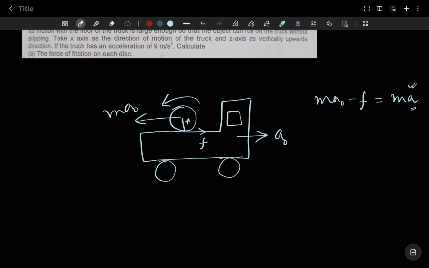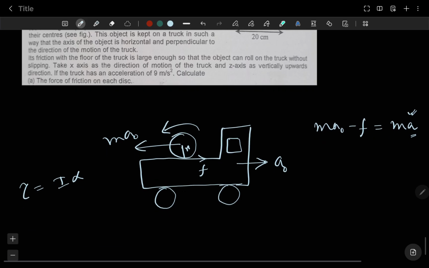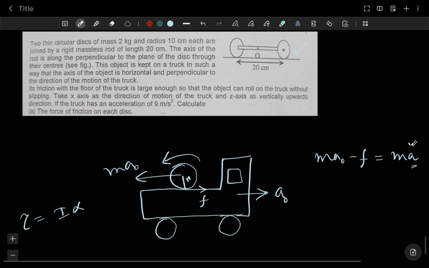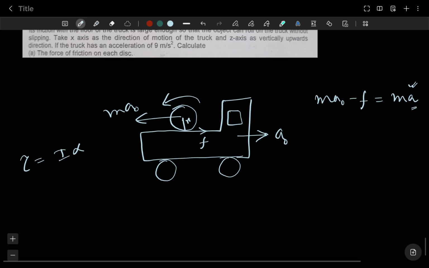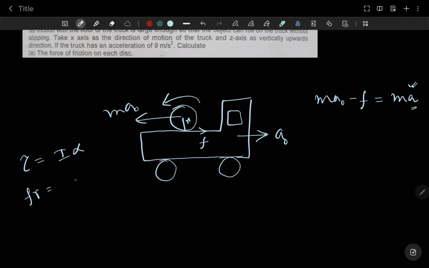Okay, so here we will write now that torque tau equals I alpha. Okay, fine. So we will have tau equals I alpha, means tau is Fr is I alpha.